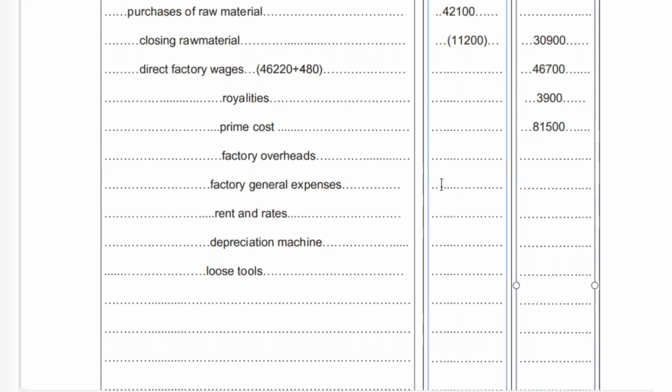Then we have factory general expenses of 86,020. We have indirect factory wages as well that are of 15,940. We have rent and rates that were two-third.